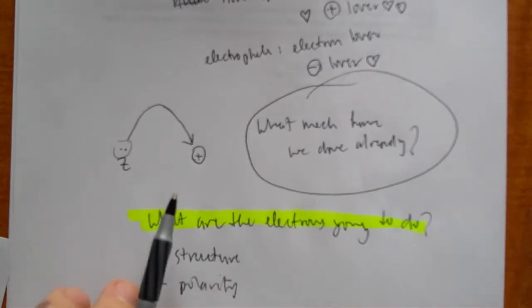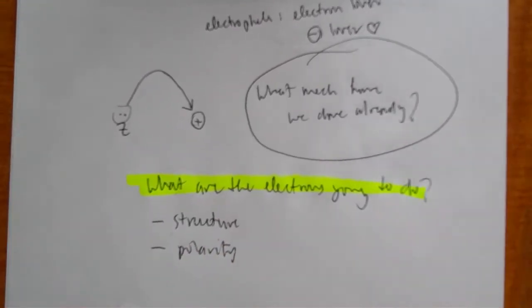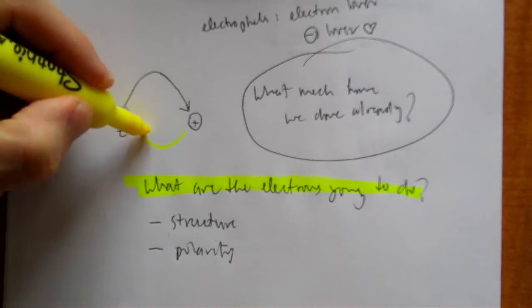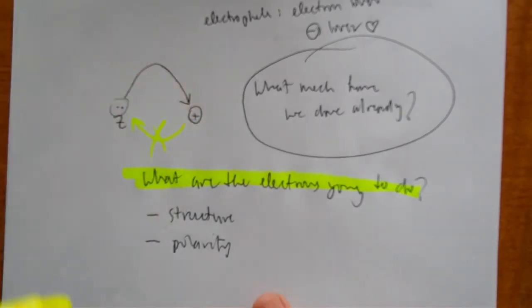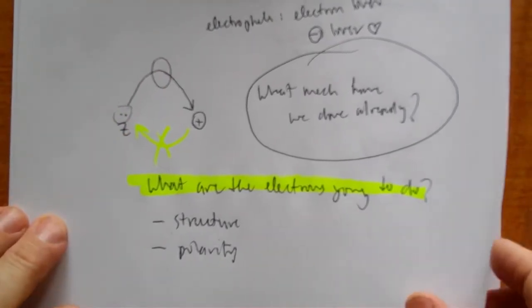We're going to use that to describe what the electrons are doing. A wrong answer would be a reaction like that, because that's telling what the protons are doing. We're always concerned about what the electrons are doing. It's curved arrow notation.